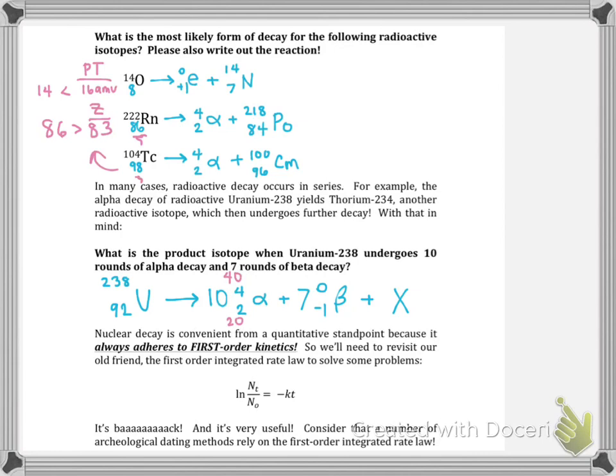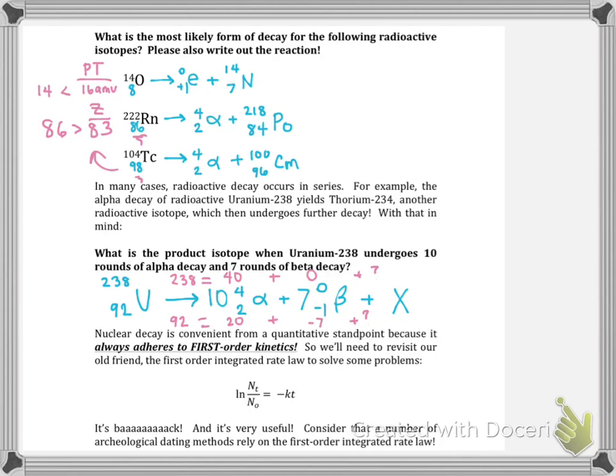From the beta decay, we're not doing anything to the mass, but we are giving off 7 negative charges. And so we need these to add up to be the same on the right as on the left. So we can set this equal to 92 and 238, and figure out what our mass number and our atomic numbers are going to be.